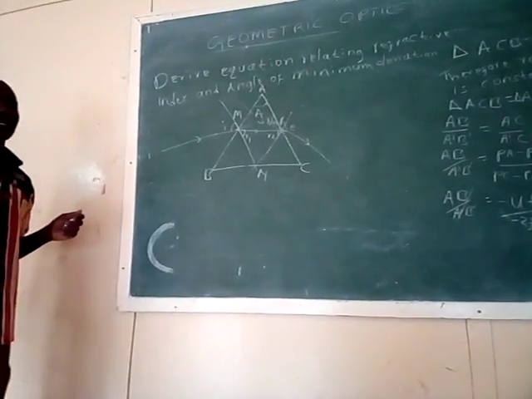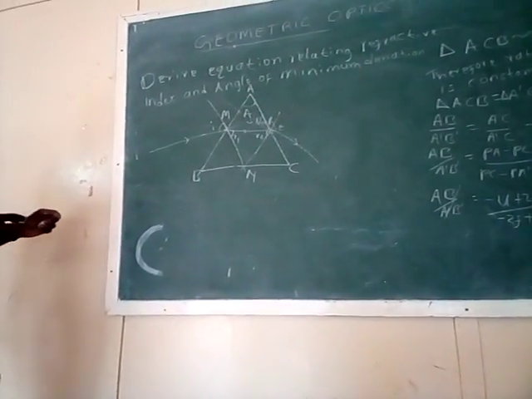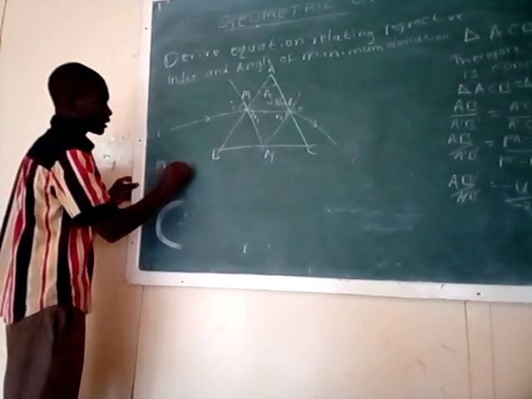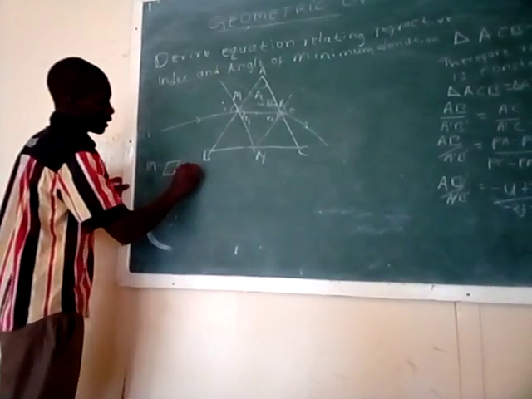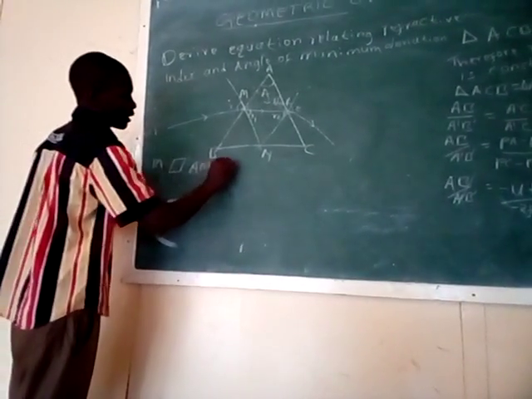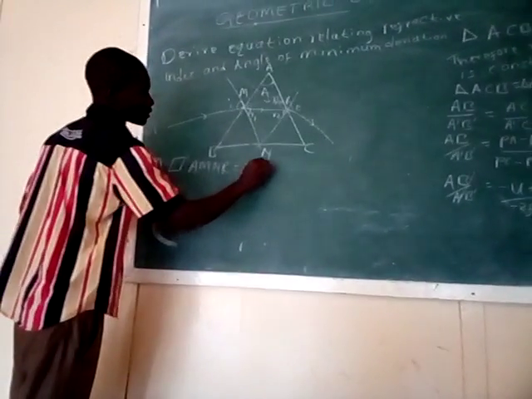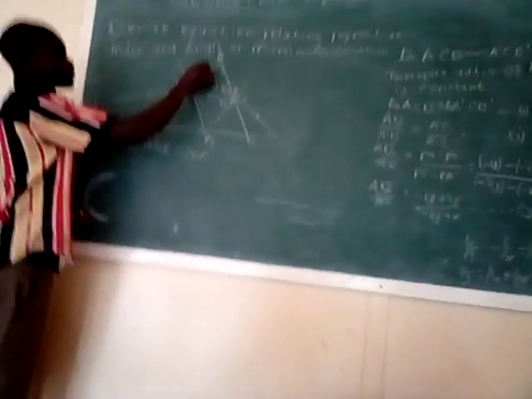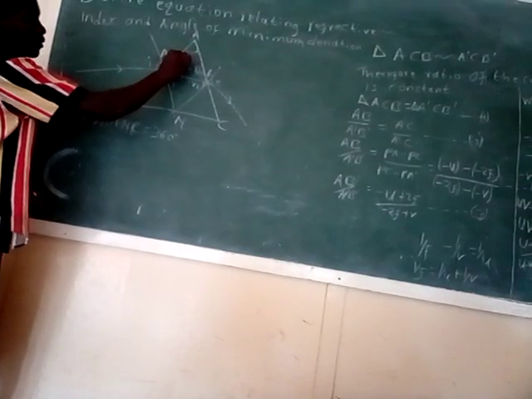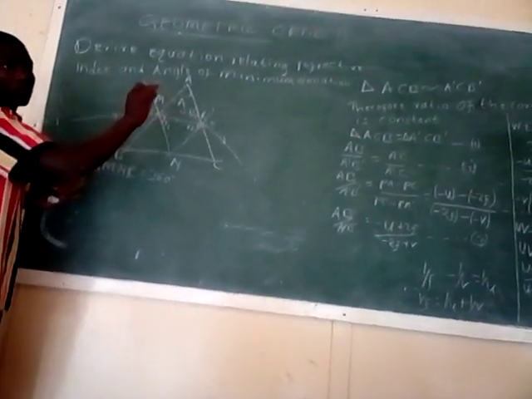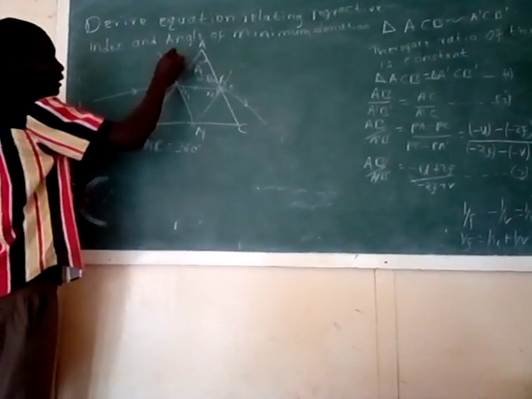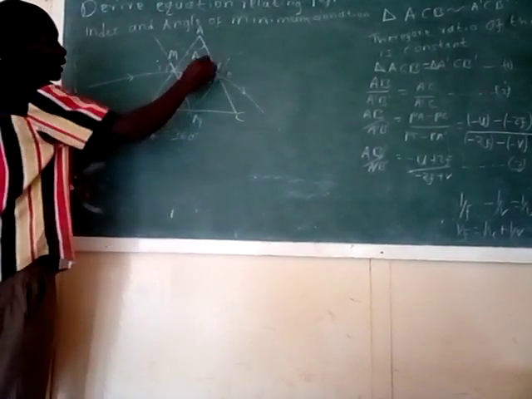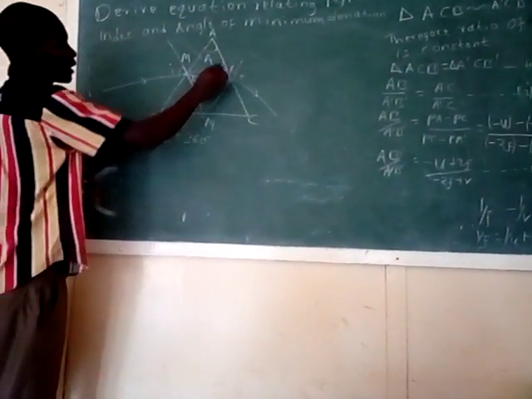Angles inside a quadrilateral add up to 360 degrees. Therefore, in quadrilateral AMNR, the angles sum to 360 degrees. How do we arrive at this 360 degrees? We take angle A, which is the angle of the prism, plus angle AMN, which is this angle, plus angle MNR, which is this one, plus angle NRA, which is this.